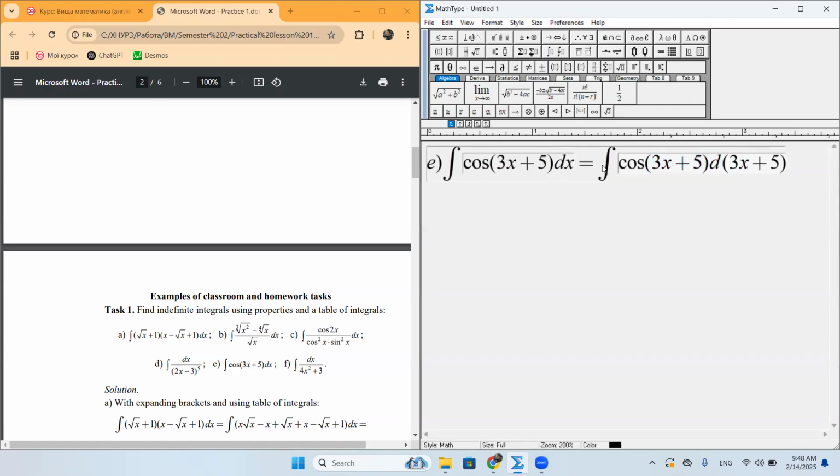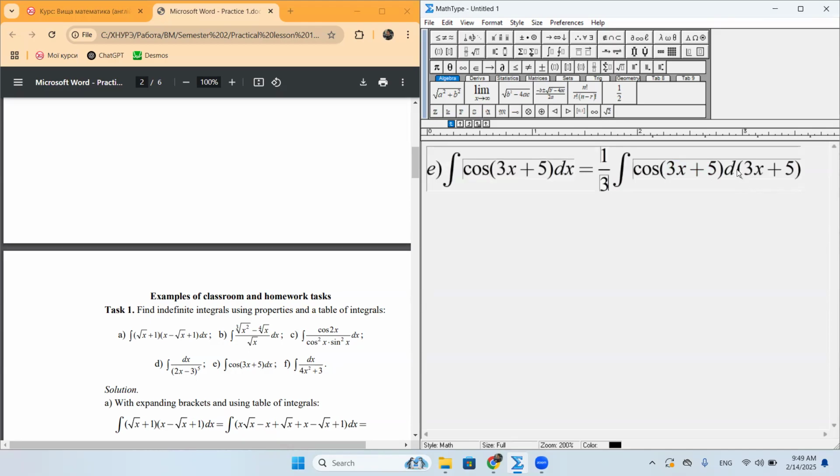Not to break the equality, I need to multiply by 3, because the differential of 3x plus 5 equals 3 dx.